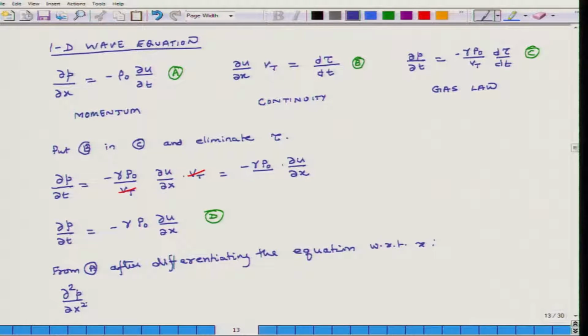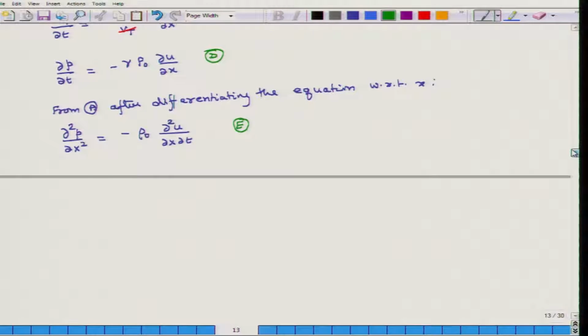The second derivative of pressure with respect to x equals minus rho naught times the second derivative of u, del x del t. I will call this equation E.